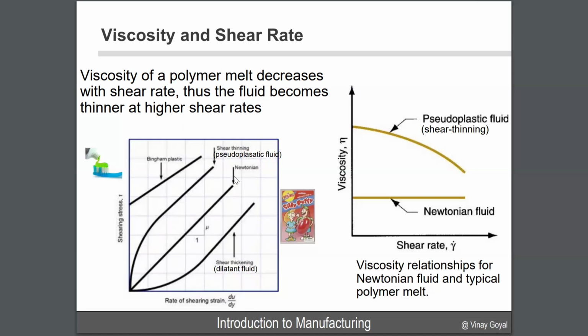And then you have different kinds of levels: shear thickening, Newtonian fluids, shear thinning, and then something called Bingham plastic deformation. In general, the bottom line I want to point out is that viscosity is related to shear rate, and the behavior can be used to our advantage in the manufacturing process.